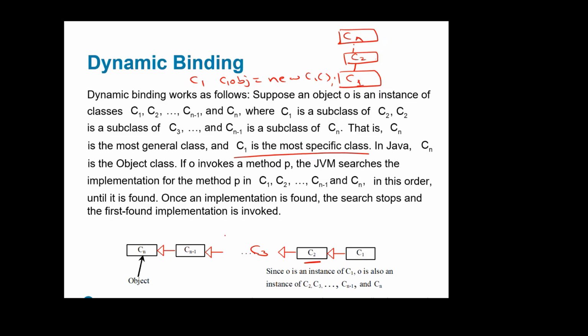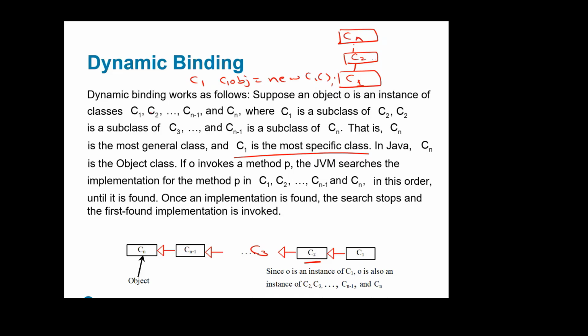So successively, it will look for the implementation of the method. First it will look within itself. Let's say that method is implemented in C2 and also in C1, then it is going to go with the implementation that C1 has. So the immediate implementation that an object has, it is going to go with that implementation.